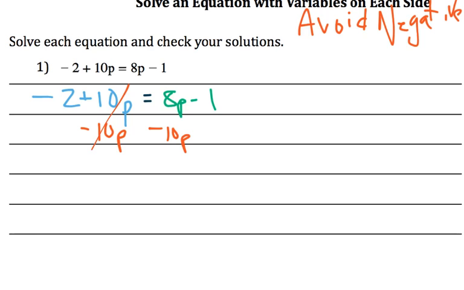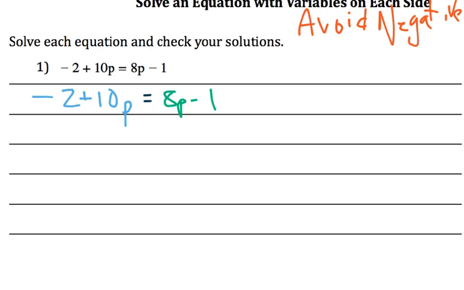Well, this would drop out, but 8 minus 10 would give me a negative 2p. If you kept going with it this way, it wouldn't be a problem. What it would mean is that you'd later have to divide by a negative, and often that's just a little bit more work. So that is the way that works, but I'm going to discourage you to do it. Now, if you get to that step, I'd say finish the problem because you're already there.